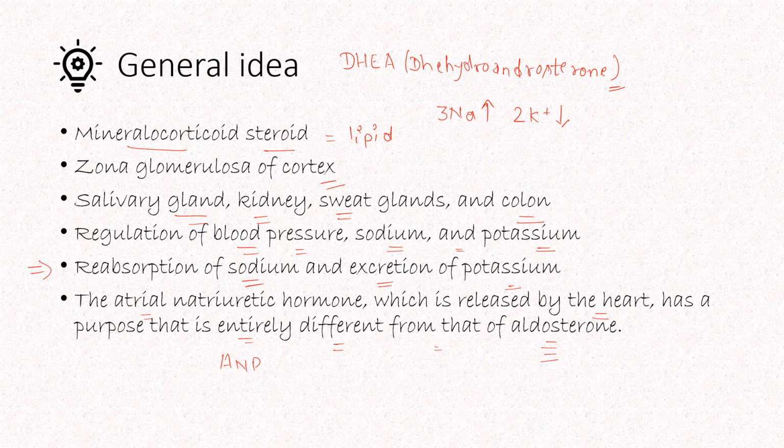ANP decreases sodium reabsorption while aldosterone supports reabsorption. That is why they are opposite to each other.